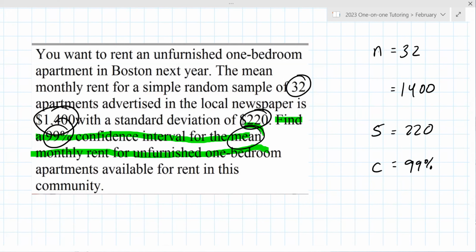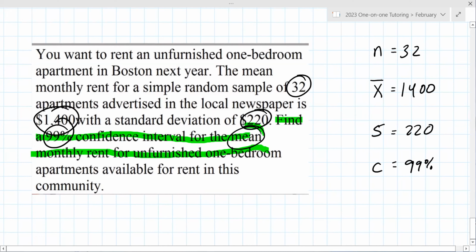Is 1400 the mean? It is. So we've got to be more careful though. I'm trying to be careful here. I want to make sure that these are the right symbols to write.